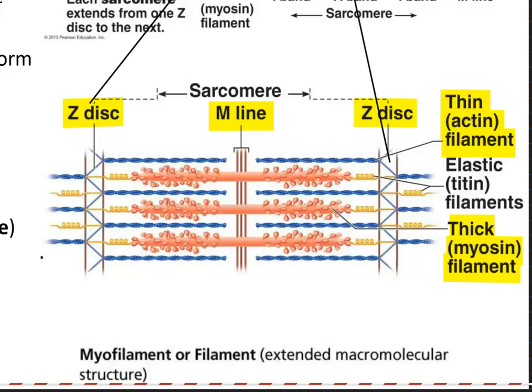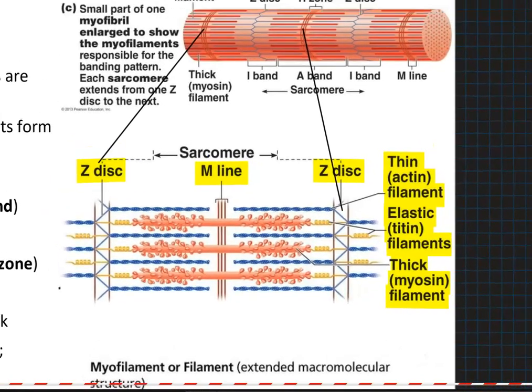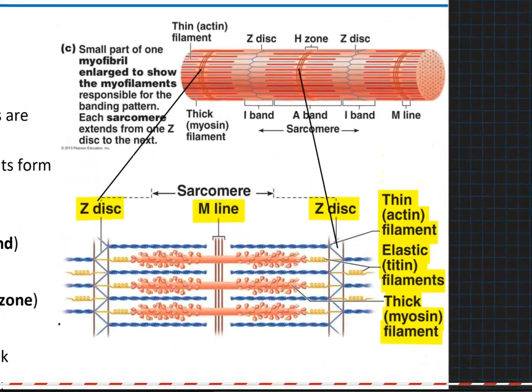Thick filaments are indirectly attached to Z-discs as well via elastic filaments composed of a protein called titin. When you look closely at the structure of a sarcomere, you may notice that there are areas where thick and thin filaments overlap.